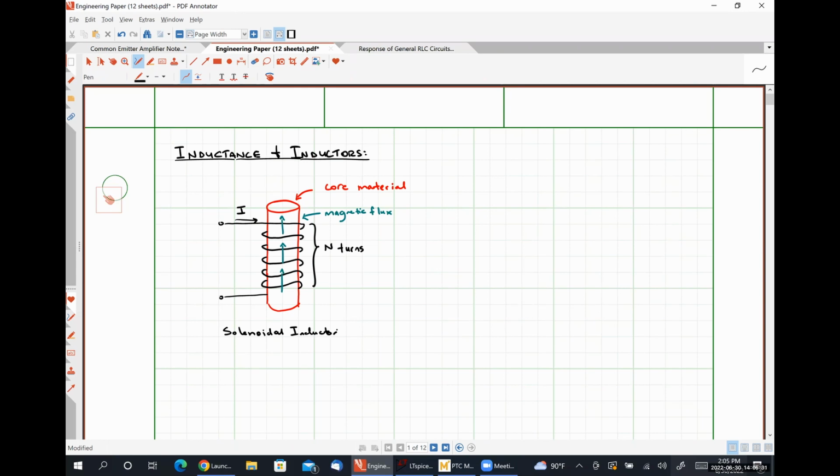The other type of inductor that you may see, and if you ever crack open the case of one of your computers, I guarantee you'll see several of these, is the toroidal inductor.